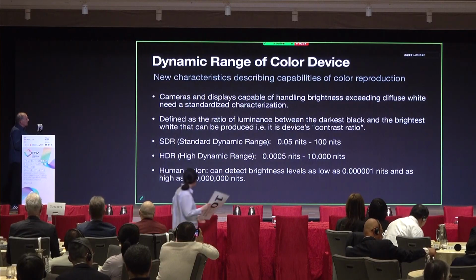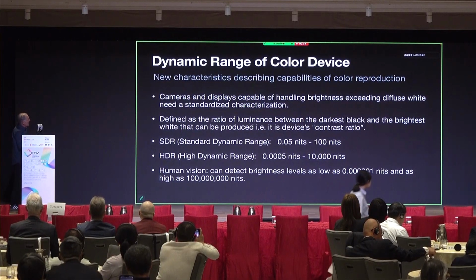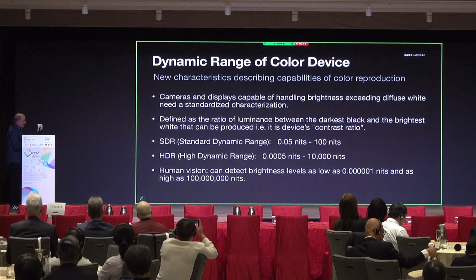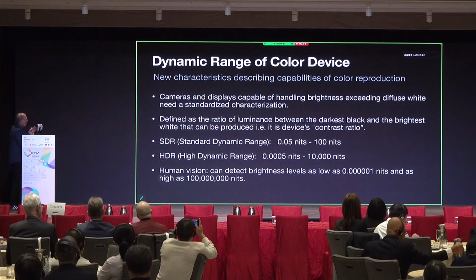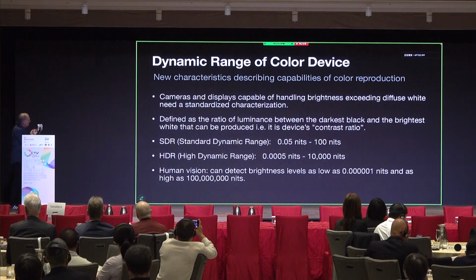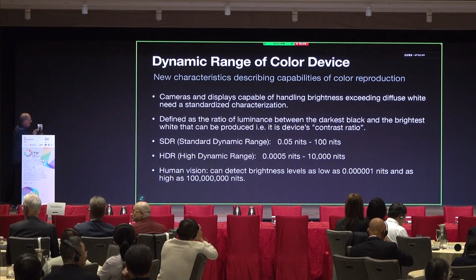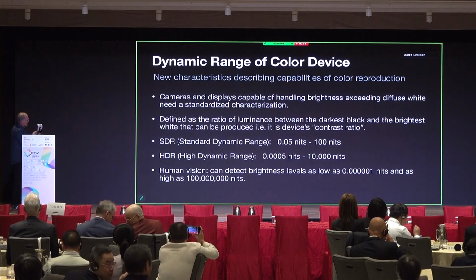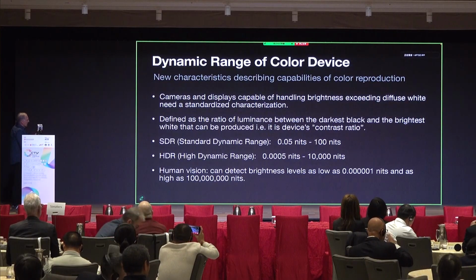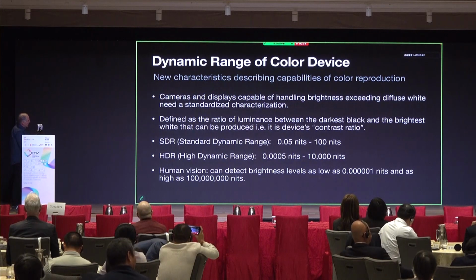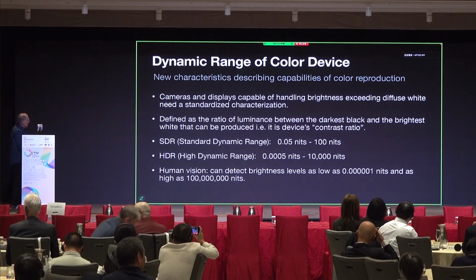My previous speakers described to you very well what device dynamic range is, and high dynamic range. So we can talk about this as a kind of contrast ratio, which is the ratio of the darkest color and the brightest color. Using this kind of characterization, we have two groups of devices that you already heard.